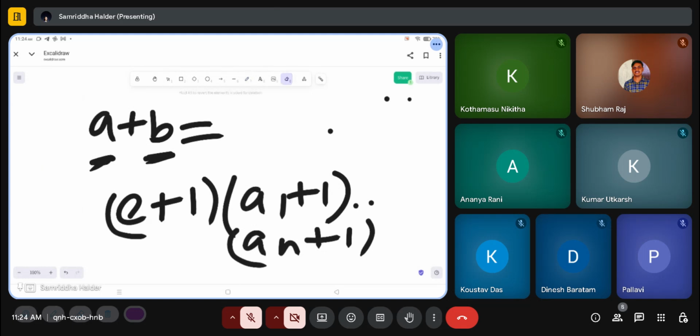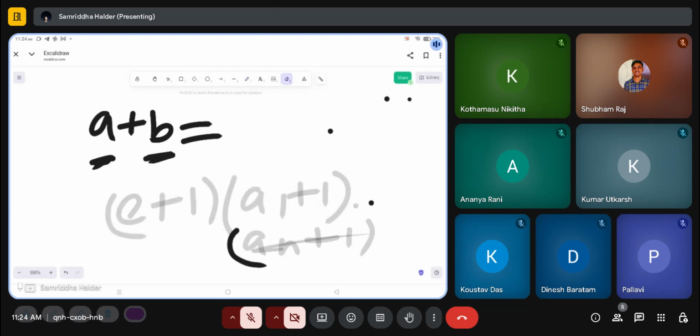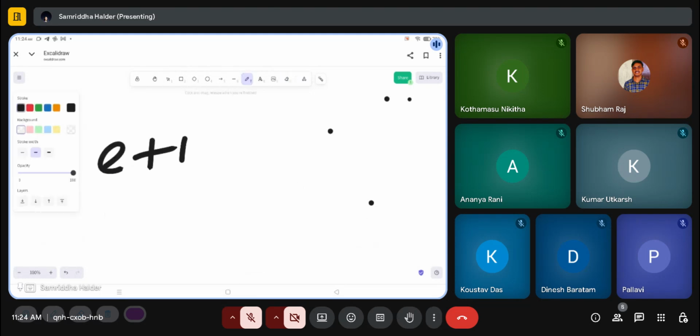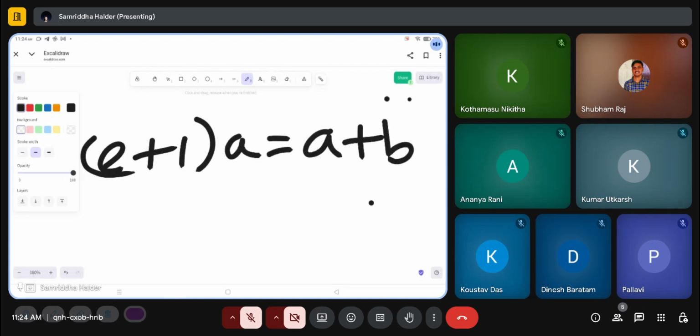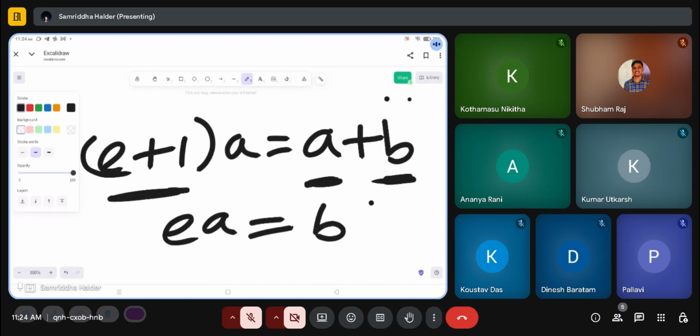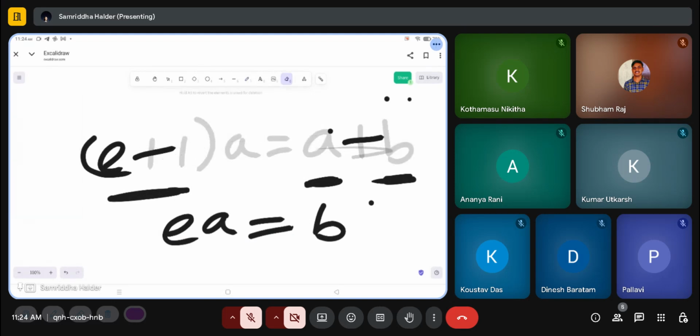So from here we can conclude one more thing, that (e plus 1) times a will be equal to a plus b. Why? Because a is the number of odd divisors and this product is the total number of divisors. So that means e times a should equal b, which also means that b must be divisible by a. So that gives the entire crux of the logic over here.